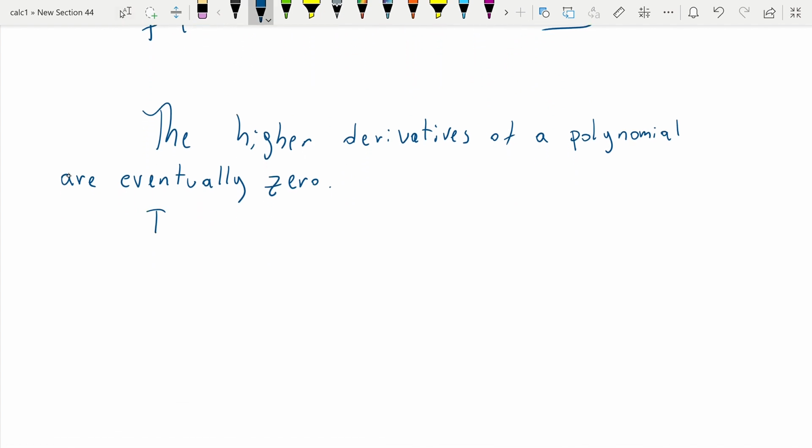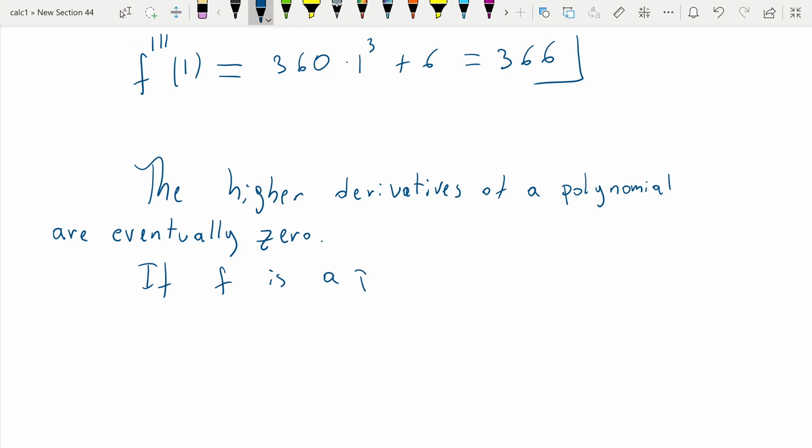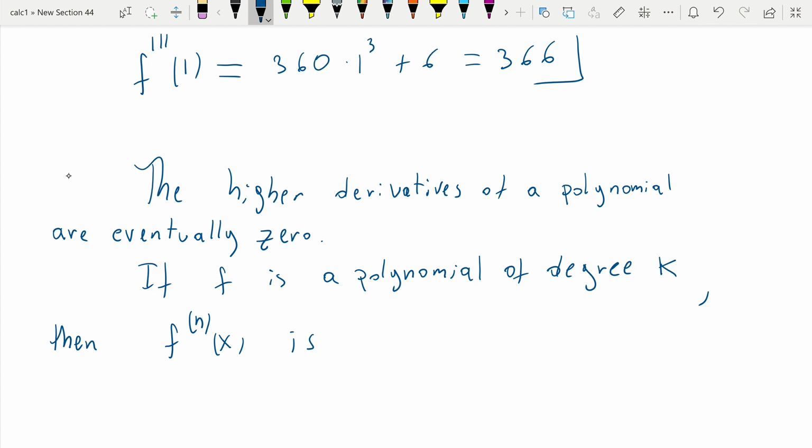So to be more precise, if f is a polynomial of degree k, then the nth derivative of this polynomial is going to be 0 for any n greater than k.